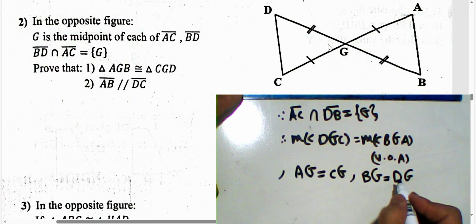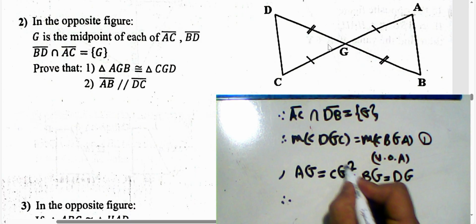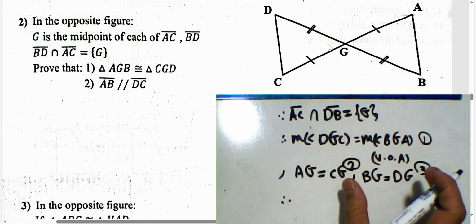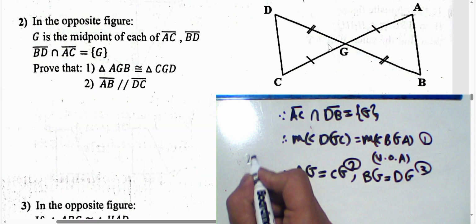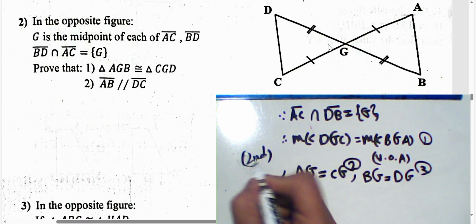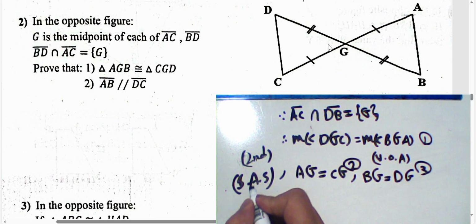They are equivalent. Then we have the first condition, the second and the third. From the three conditions here, we have two sides and the included angle. Second condition, we have side, angle, side.